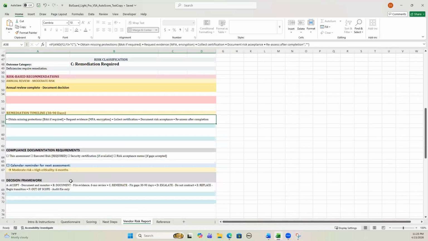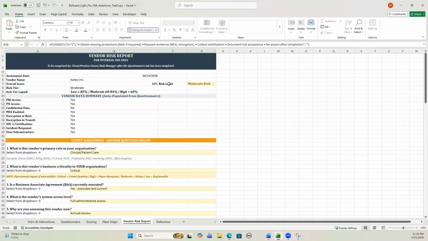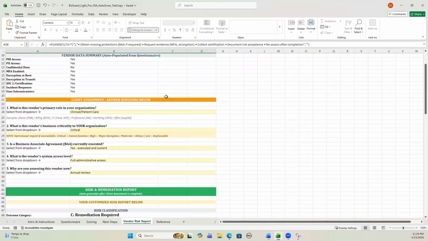So based on the logic engine: PHI access, full administrative access, moderate risk score of 68, BAA in place, but with some control gaps, including AI LLM usage with customer data. This lands on outcome C, remediation required.